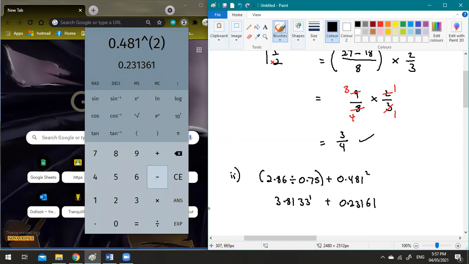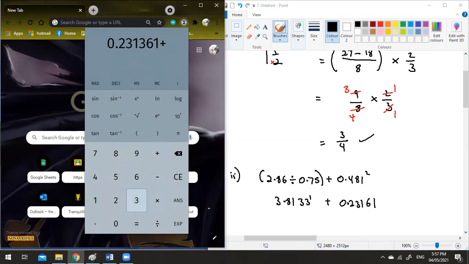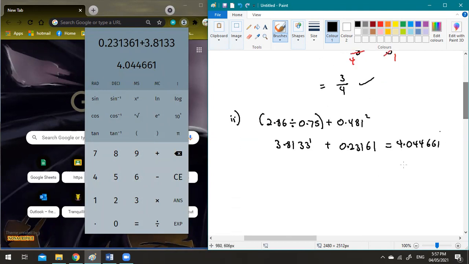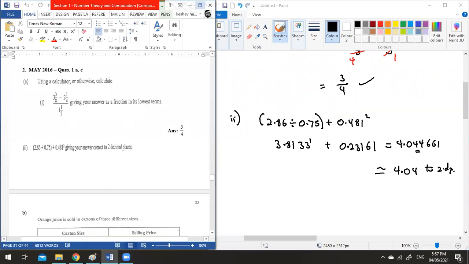And we're gonna add the previous answer that we had, 3.8133, to get 4.044661. Obviously, we don't want so many values, so round it off to 2 decimal places. They ask us for 2 decimal places here, right?